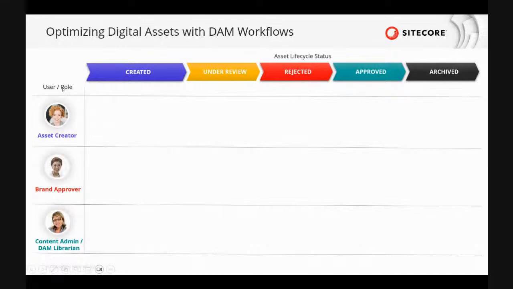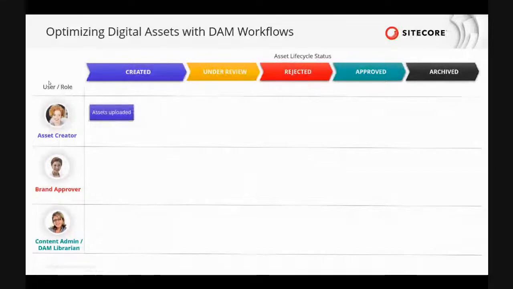It's a very cyclical process, and the different hypothetical roles that might be involved in this: the asset creator or the designer, the brand approver, and the content administrator or the DAM librarian could also be involved in this process. So it all starts with the assets getting uploaded.